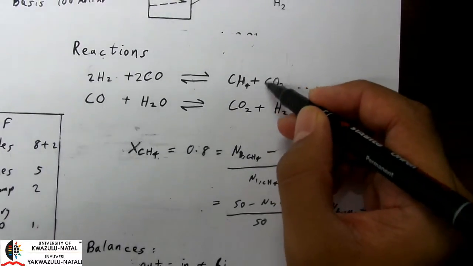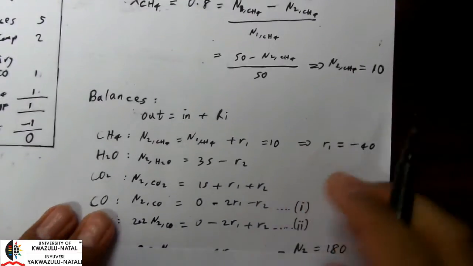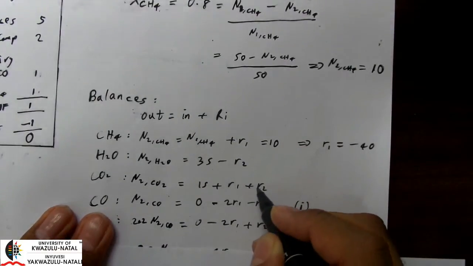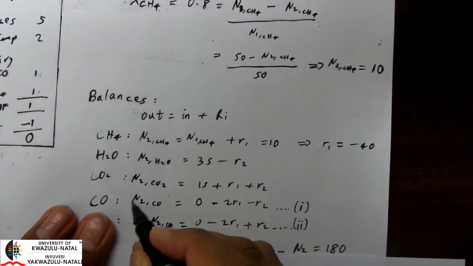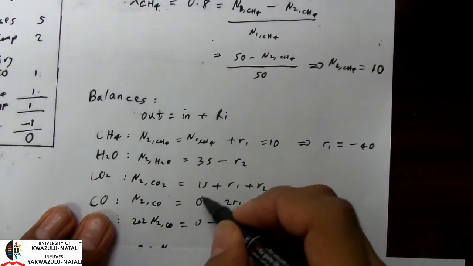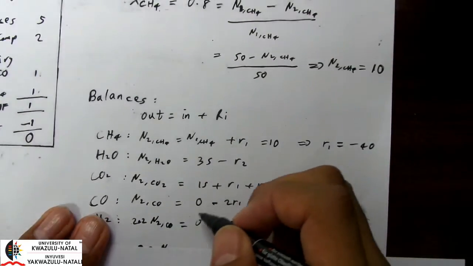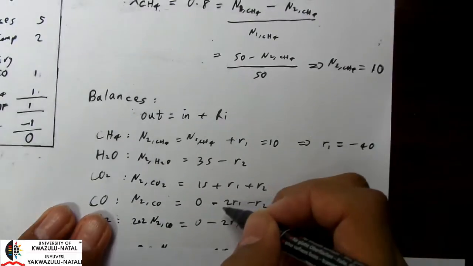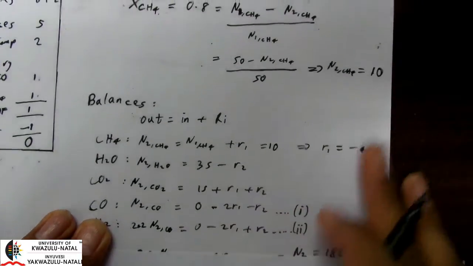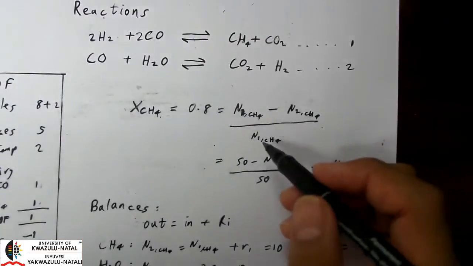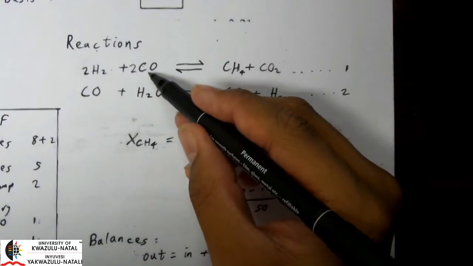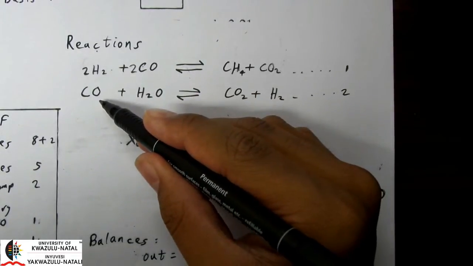So I have a plus 1 R1 and 1 R2. My CO here, there is no input of CO. However, it's being used up as a reactant, say minus 2R1 and minus 1R2.